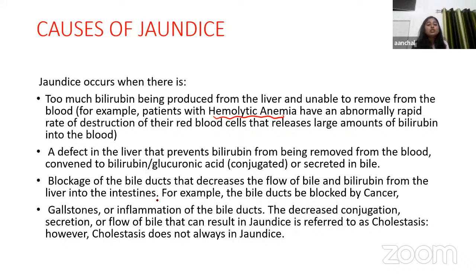The decreased conjugation, secretion, or flow of bile that can result in jaundice is referred to as cholestasis. However, cholestasis does not always result in jaundice. So the third cause we have discussed is the cause of post-hepatic jaundice. The first was the cause of pre-hepatic jaundice.